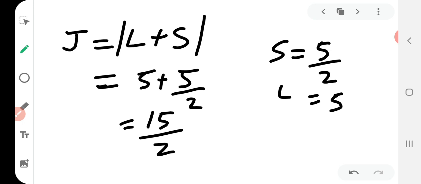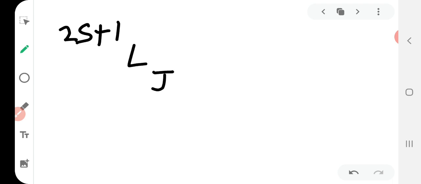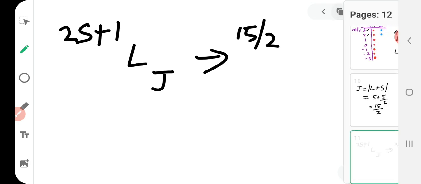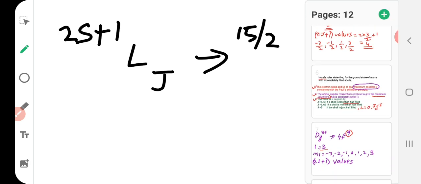So we have found all the 3 terms. So how to represent the ground state configuration of dysprosium? 2S plus 1, L, J. So what is 2S plus 1? And what is L? L is equal to 5. So L equal to 5 corresponds to which symbol?